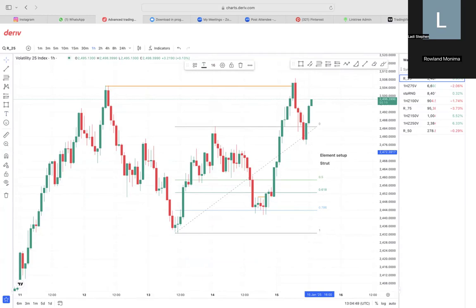First, you use structure on the higher time frame. With structure, you will get your bias. That is bullish, you confirm whether bullish or bearish.